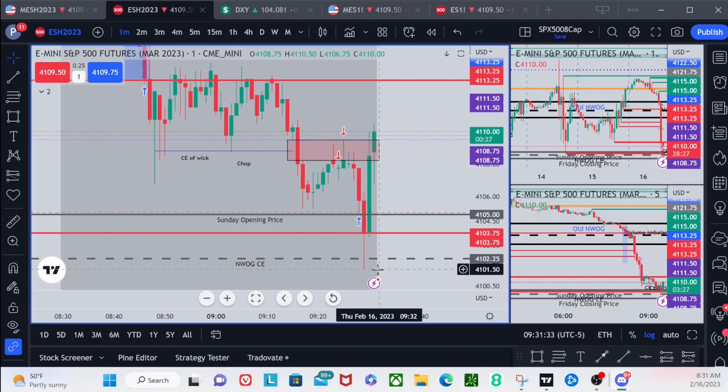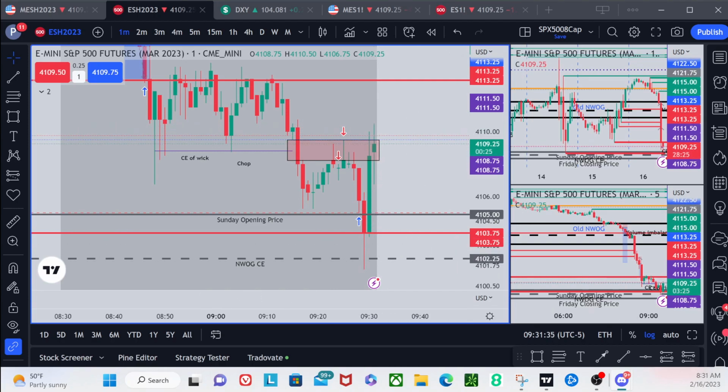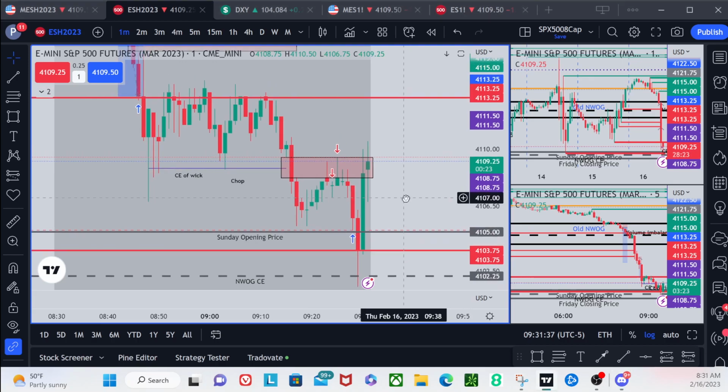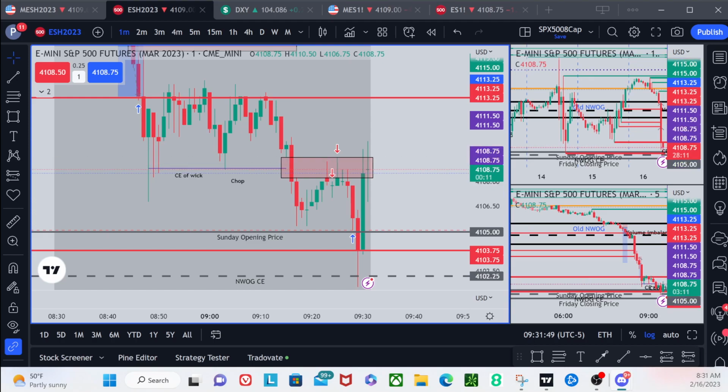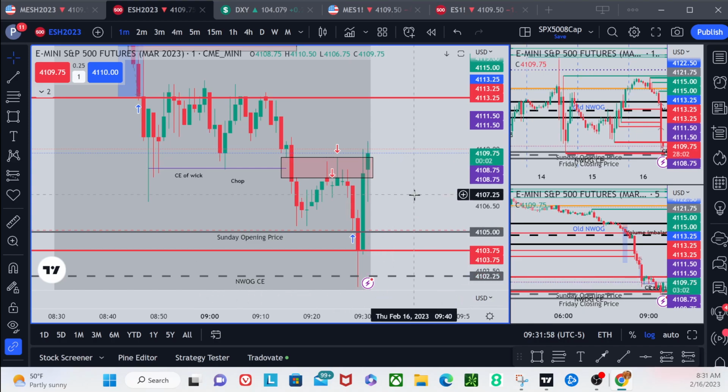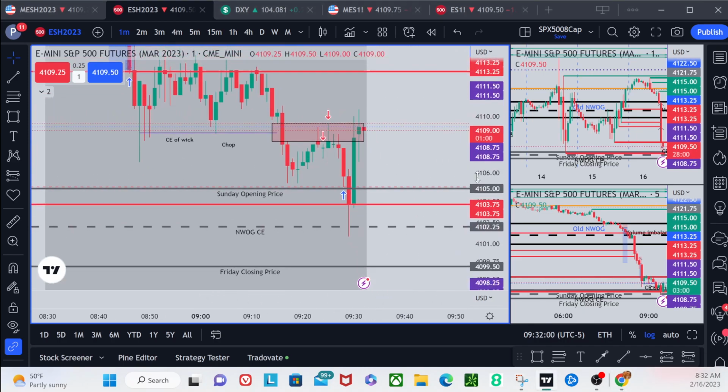All right, so I walked you through on Twitter because I felt we would see the movement ahead of the opening at 9:30. We're still inside this large consolidation. We have this week's new week opening gap and the consequent encroachment of that level.